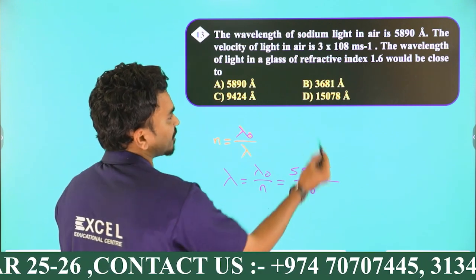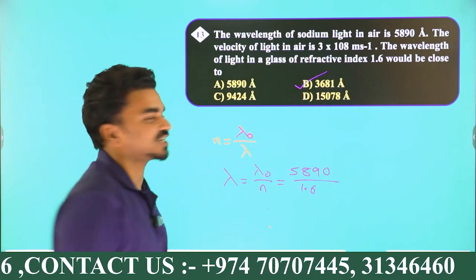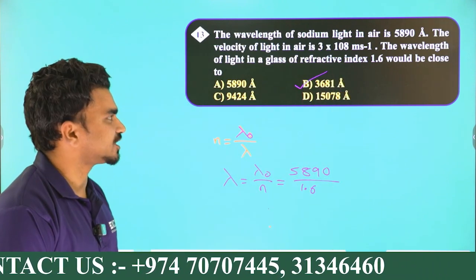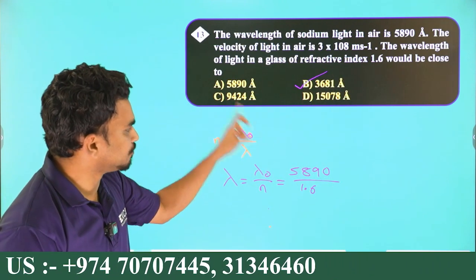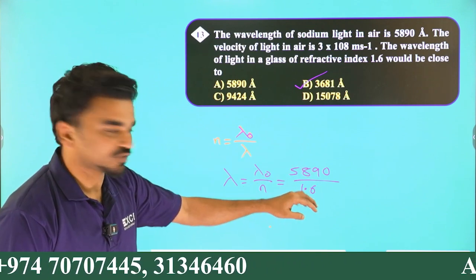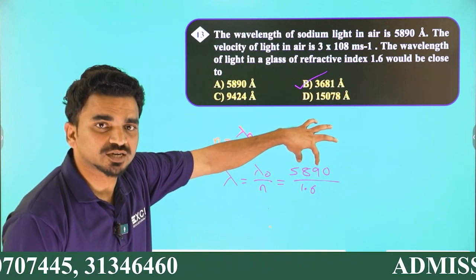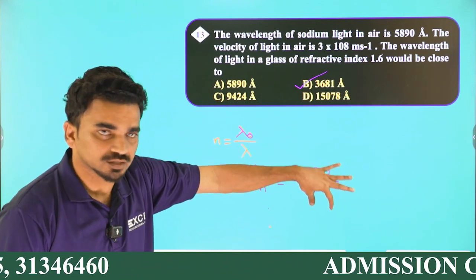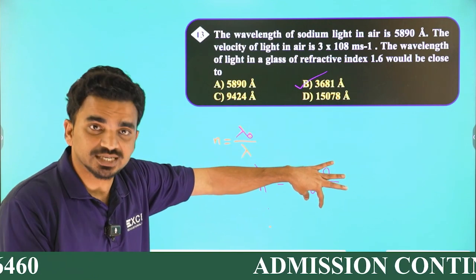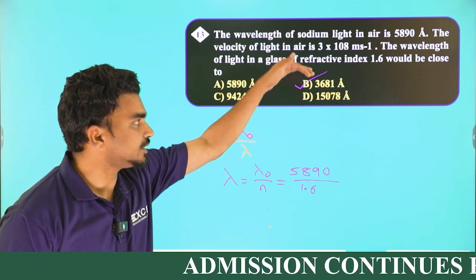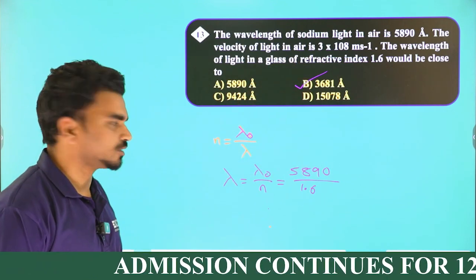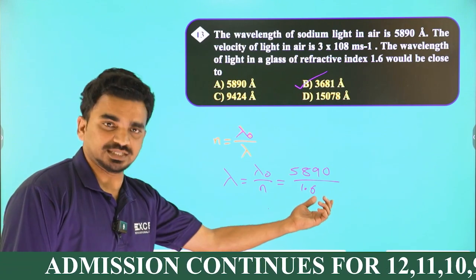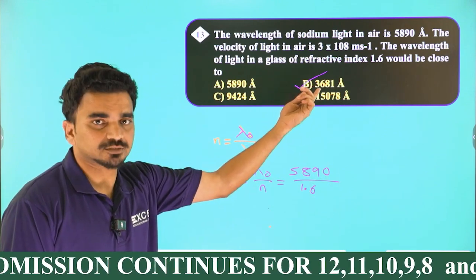So only one option is correct, and we can eliminate the rest. We will never get a value more than the numerator when dividing; that happens when you are multiplying. Whenever you divide by a number greater than 1, obviously the answer will be less. So option B is the answer. If you feel confused, you can find the actual value and you will come across that answer. Okay, fine.